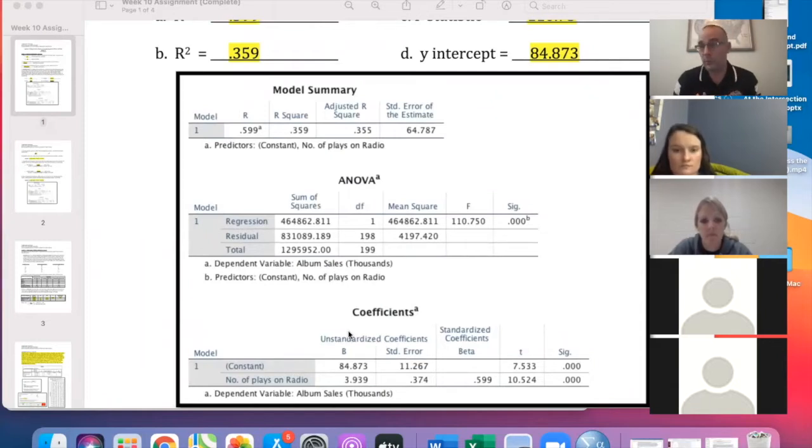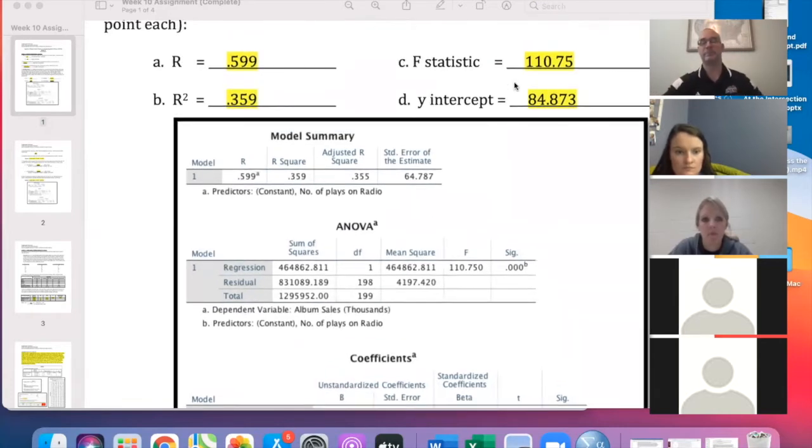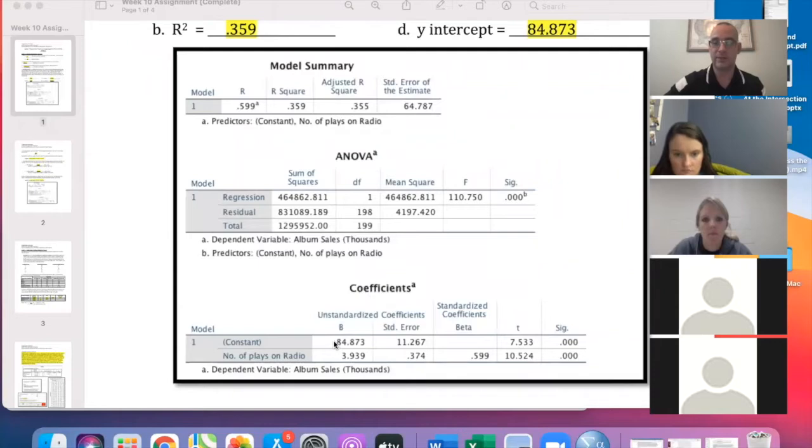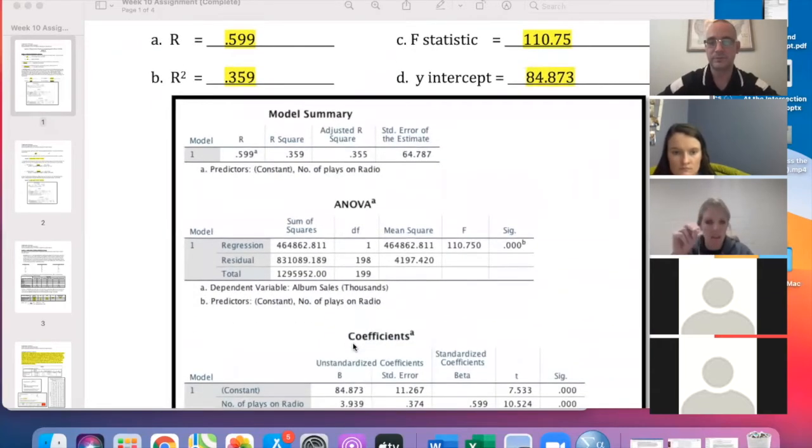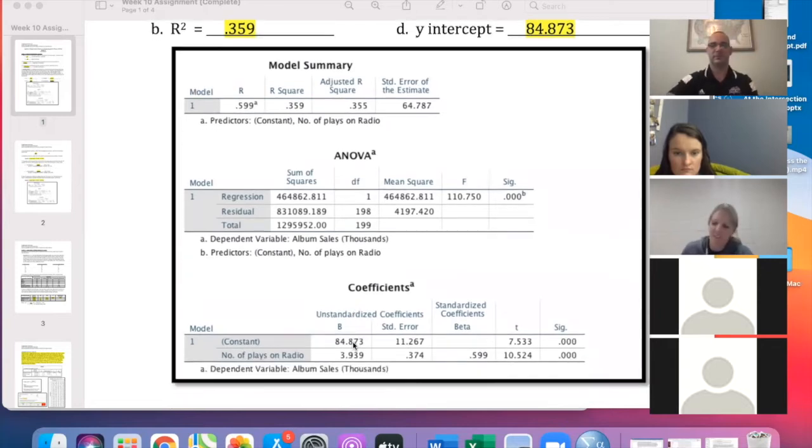That's our slope formula. Okay. So at what point in this regression model does it intercept the y-intercept? Okay, so 84.84. Okay, that's what I was thinking, because the B value is also represented as Y. Okay. So I just want to make sure I was looking at that correctly.